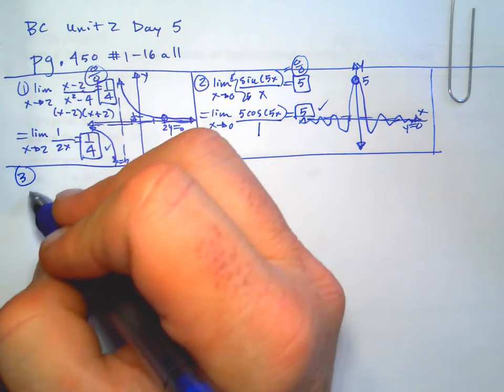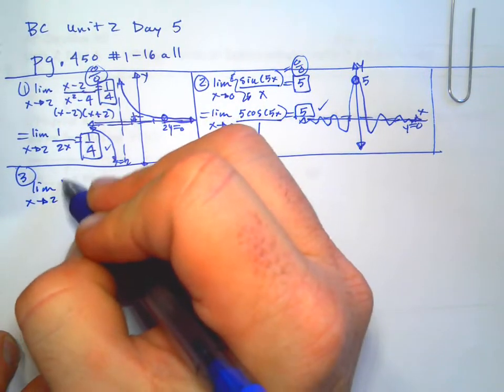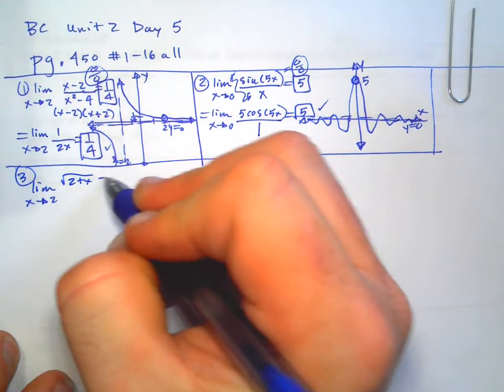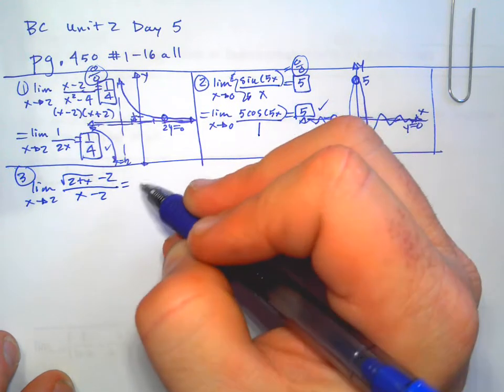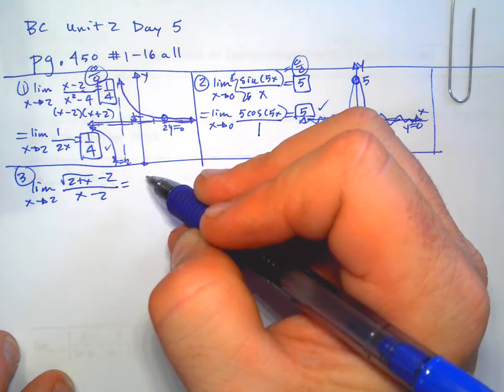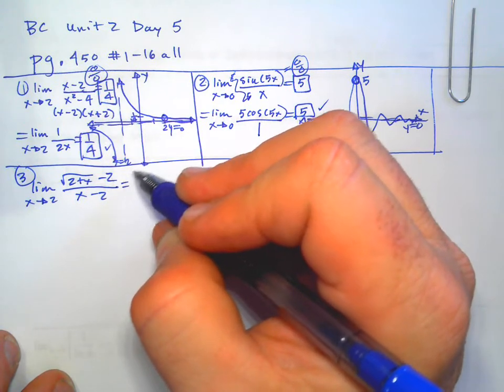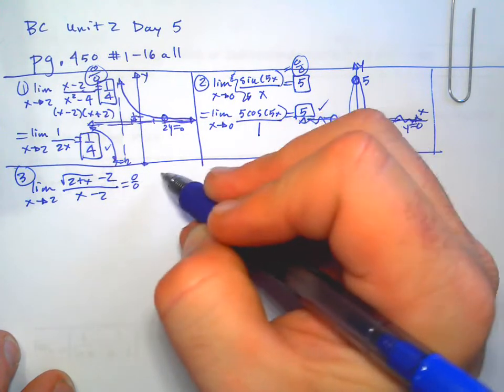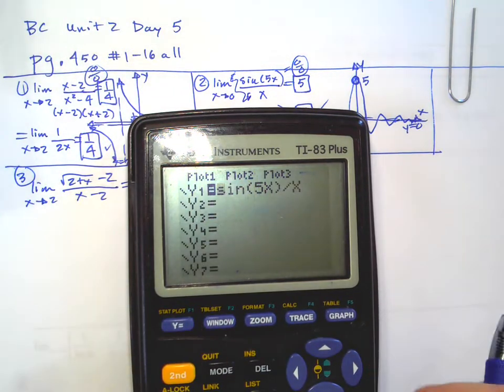Number 3, it's a limit as x approaches 2 of the square root of 2 plus x minus 2 over x minus 2. If we plug 0 in, we get square root of 4 is 2 minus 2 is 0 over 0. On the graph, let's do the graph. Square root of 2 plus x closed minus 2.